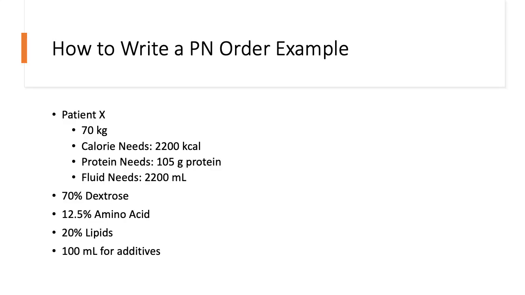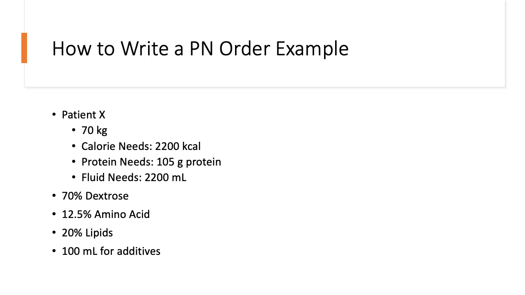We're going to go through these calculations using this patient X as an example. They are 70 kilograms, their calorie needs are 2,200 calories, their protein needs are 105 grams of protein, and their fluid needs are 2,200 mLs.